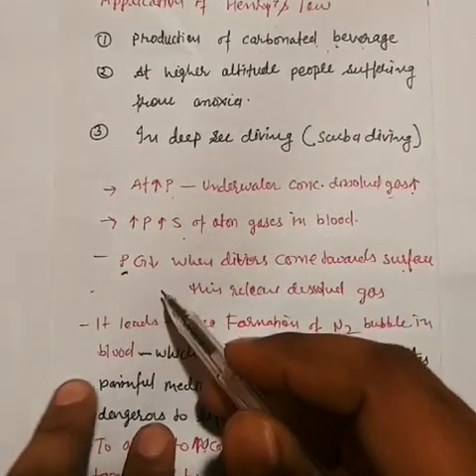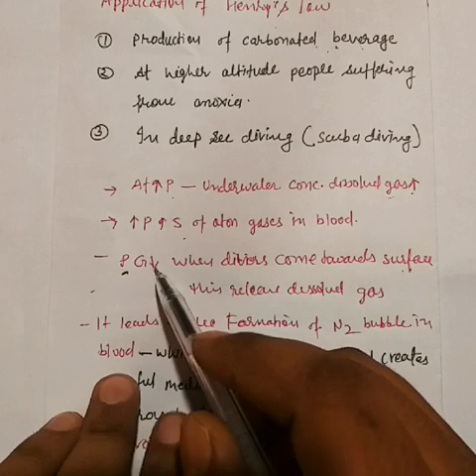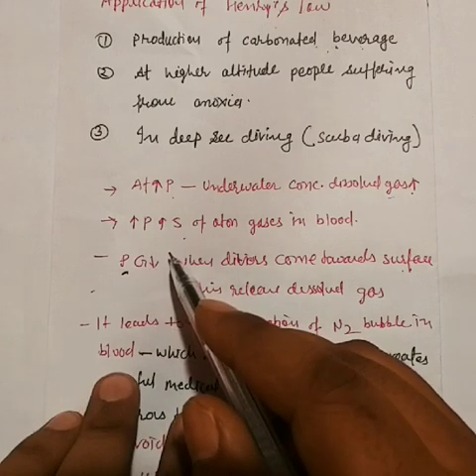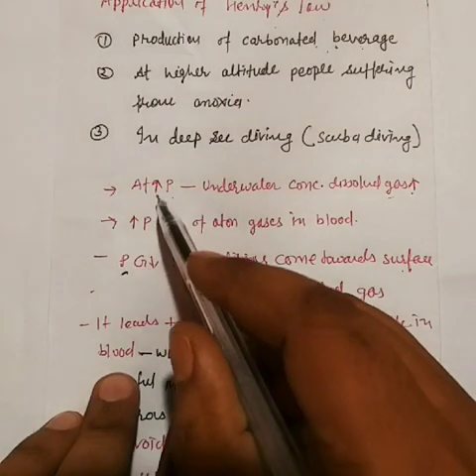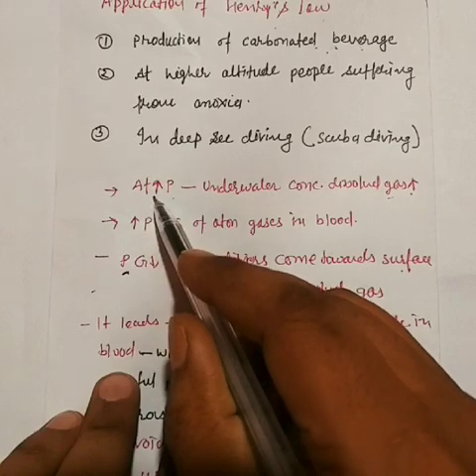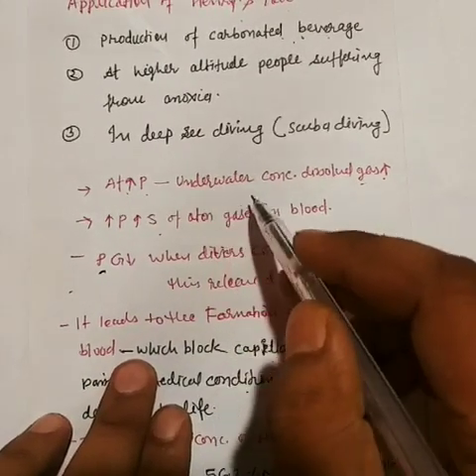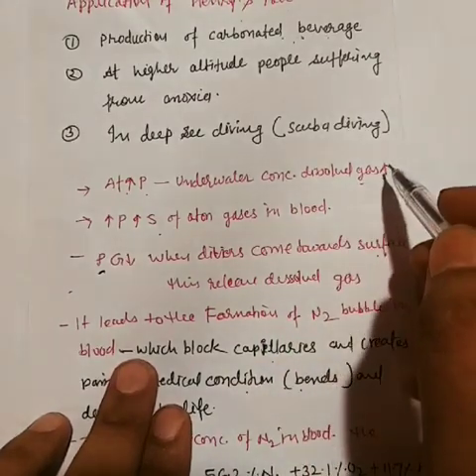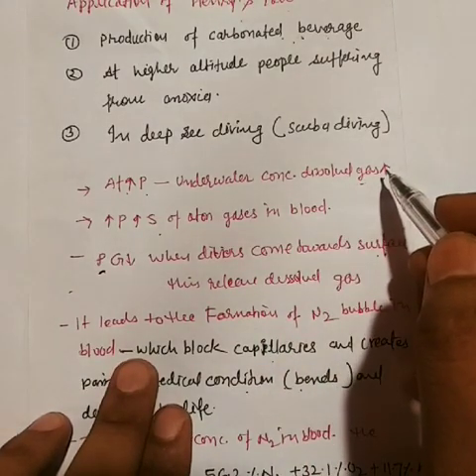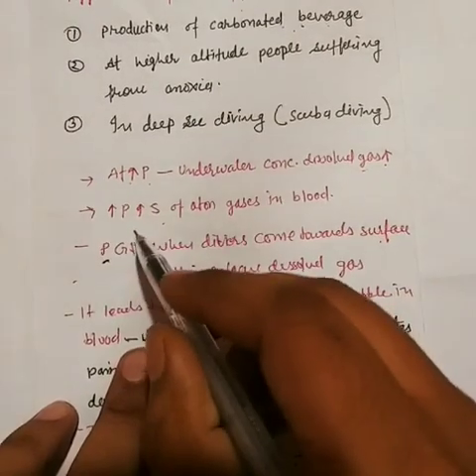Now this is very important. At high pressure underwater, the concentration of dissolved gas is high. So at constant temperature, the pressure underwater increases, and the concentration of dissolved gas will also be high.